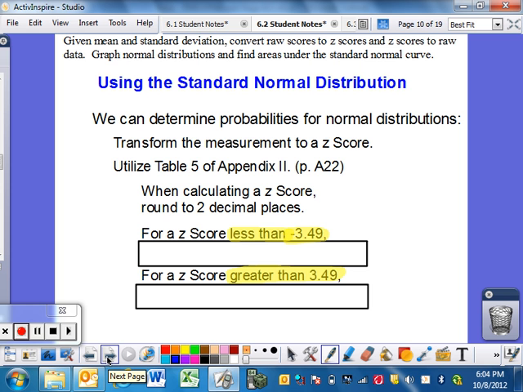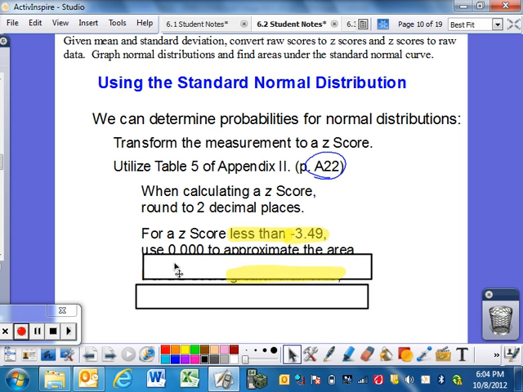So let's go back and figure out what these probabilities mean. This is where you need your pink sheet, or if you don't have it, it's on page A22 in your book, and there are 2 different tables. There's Table A, and then there's table 5, I think, but one of them has positives, one of them has negatives.